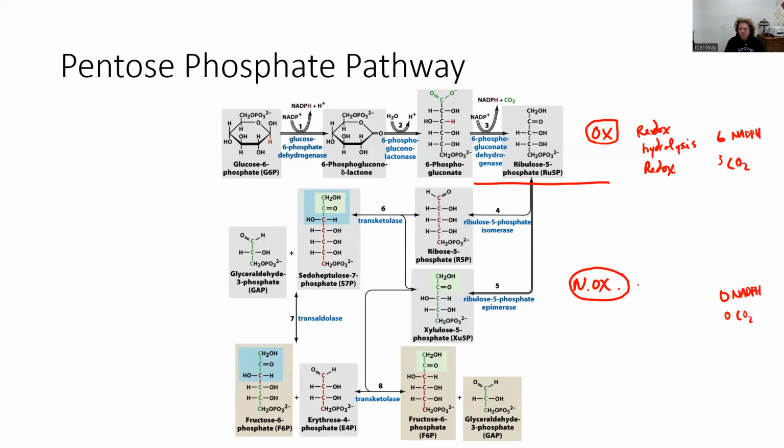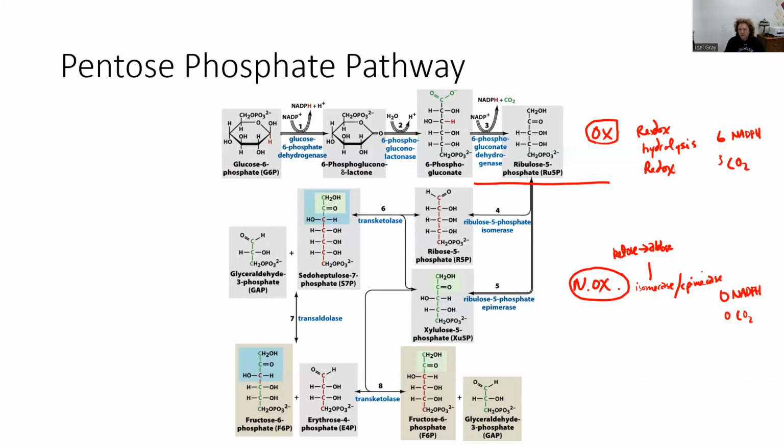And so I have an isomerase or an epimerase. Now, the difference between them is with our isomerase, we're taking a ketose to an aldose. Ribulose 5-phosphate is a ketose, and ribose 5-phosphate is an aldose.